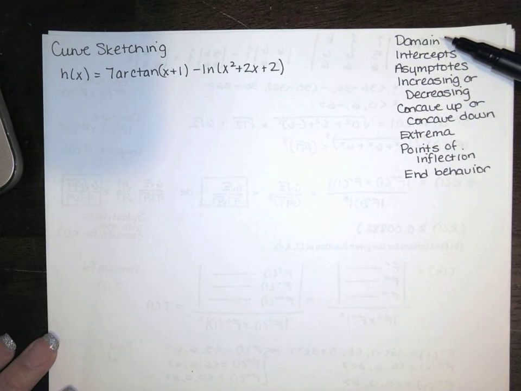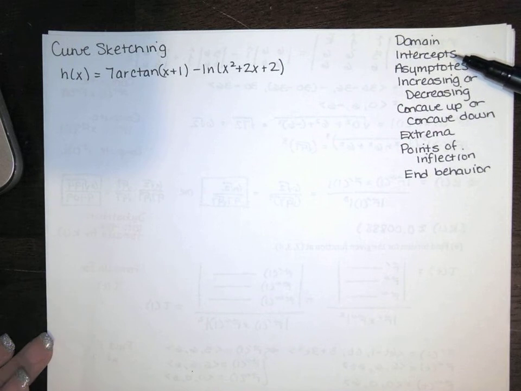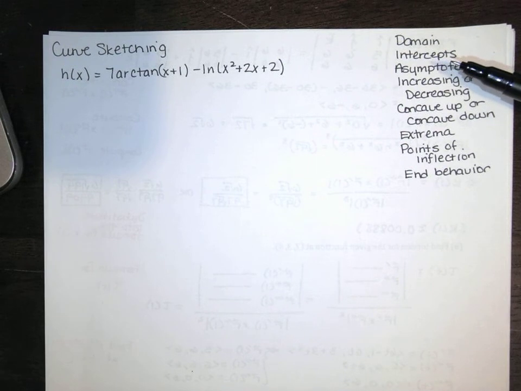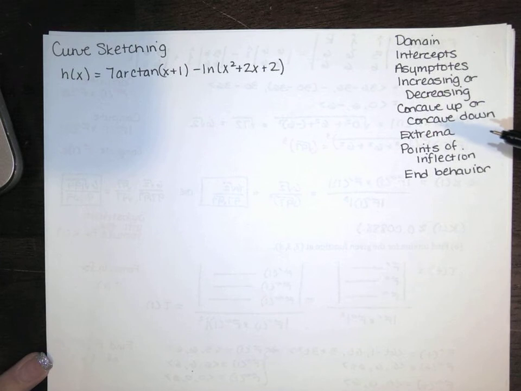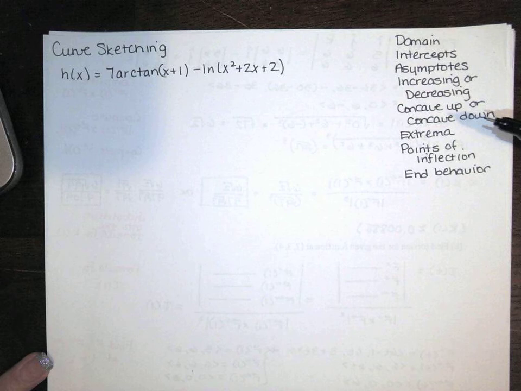So the first thing we want to do for this is find the domain of the function. We want to find the intercepts of the function. So where does this graph cross the x-axis? Where does this graph cross the y-axis? We want to figure out where the function is increasing or decreasing. We want to infer where the graph is concave upward or concave downward.